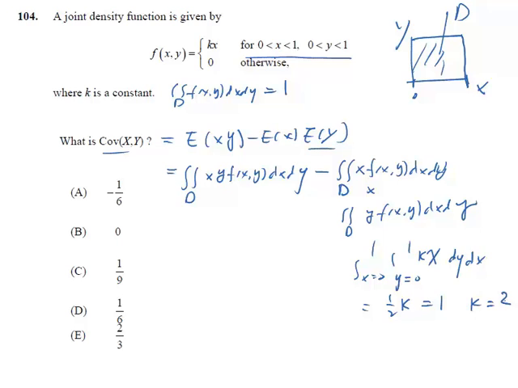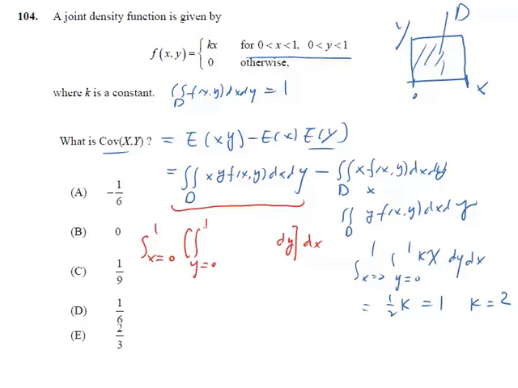Once you figure that out, all the rest is just more integrals. For example, let's do this integral here. The first term is the integral where x is from 0 to 1, dx. The inner integral is y, from 0 to 1 as well.